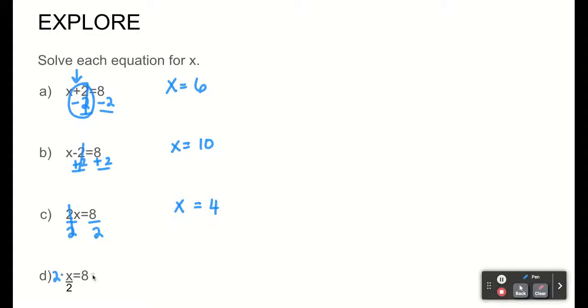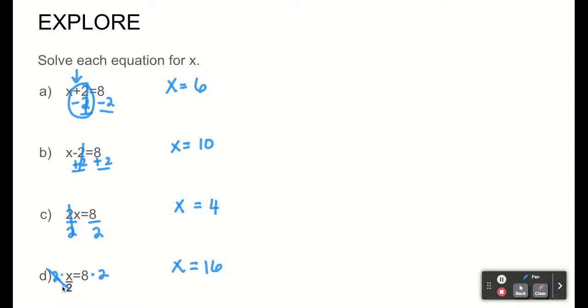So we will multiply both sides of the equation by 2 to undo that 2. 2 divided by 2 leaves us with 1x is equal to 16. So here we use inverse operations to undo the operations that are happening within the equation in order to isolate our variable, in this case, the x.